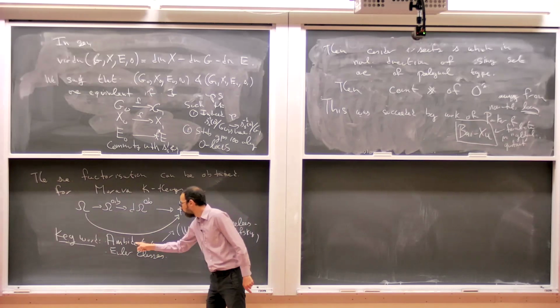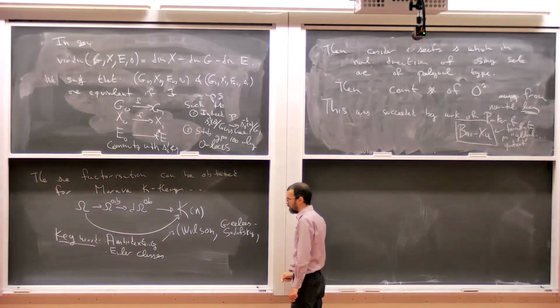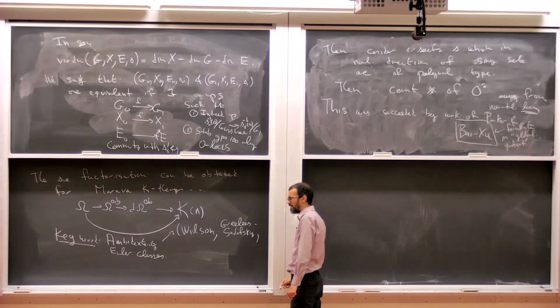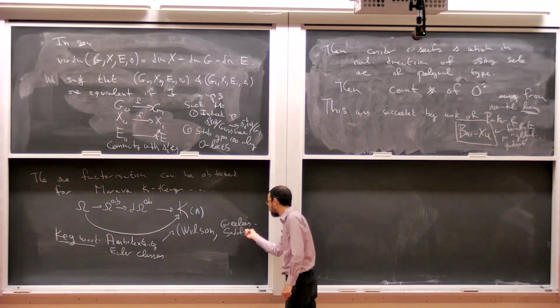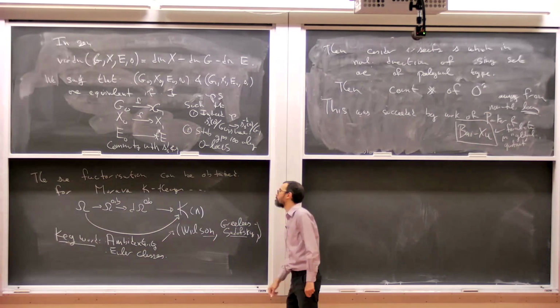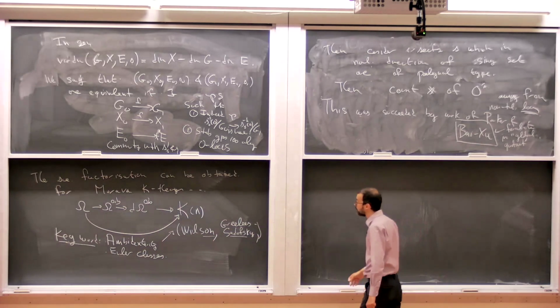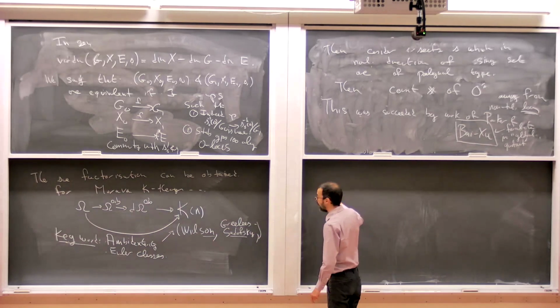And then the use of the word ambidexterity, maybe it's due to Hopkins, something like that. But the theorems that we use are just here.